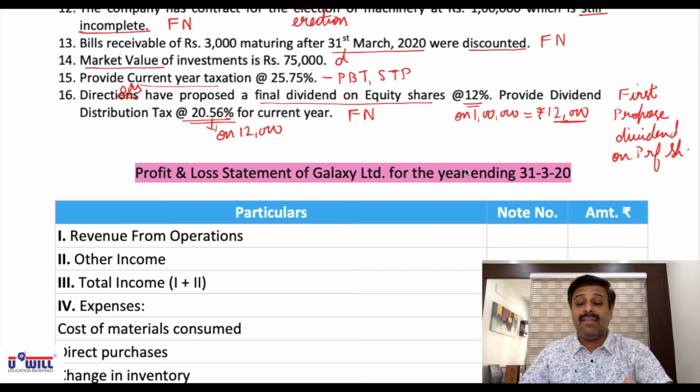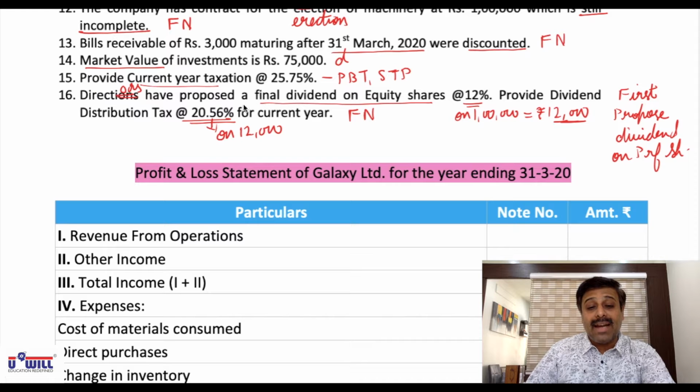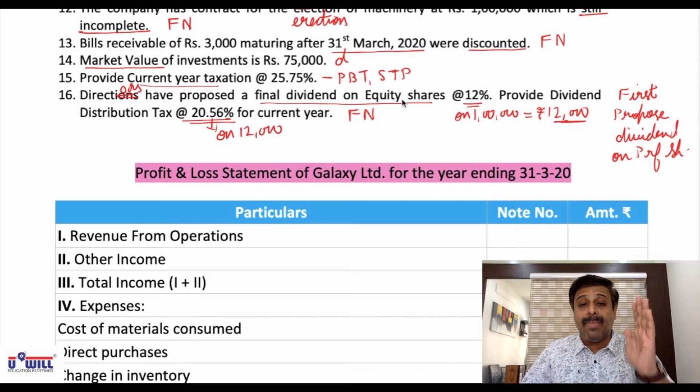So they should be given dividend first, then only equity shareholders can be given. So here if the company or the directors are proposing dividend on equity shareholders, it is compulsory, it is imperative that directors must first propose the dividend on preference shares, then only can they propose the dividend on equity shares.